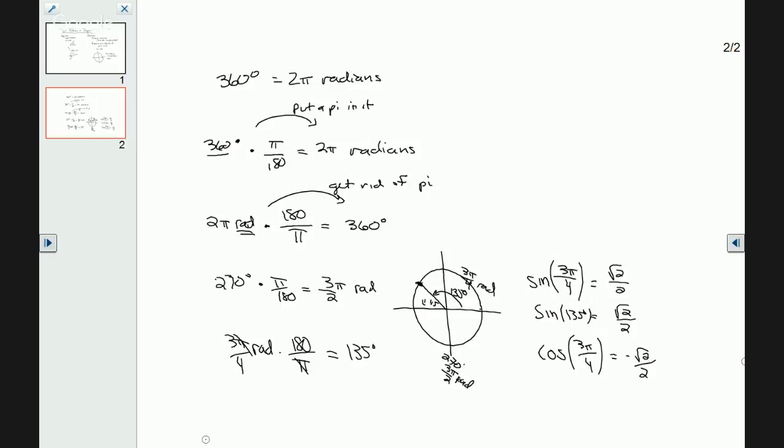If you're interested, on page 344, there's a table, degrees to radians. But like I said, I already gave you the unit circle too, so you can use that. I think that's it. Let me make sure there's not something else. Okay.